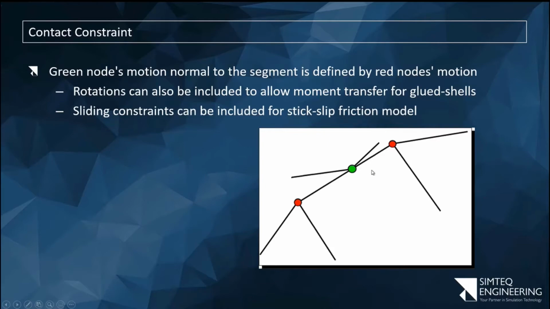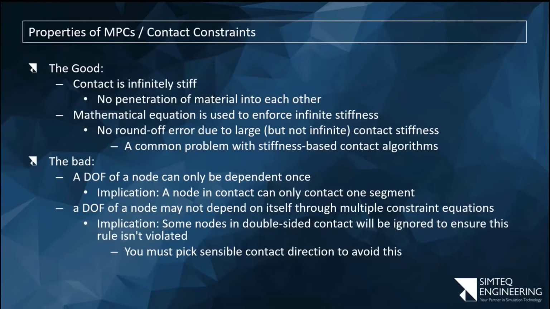But if for whatever reason other nodes want to do the same independently of these, the two will conflict and there will be no solution. Okay, so in other words, because a degree of freedom of a node can only be dependent once, that node can also, per definition, only make contact to one segment.